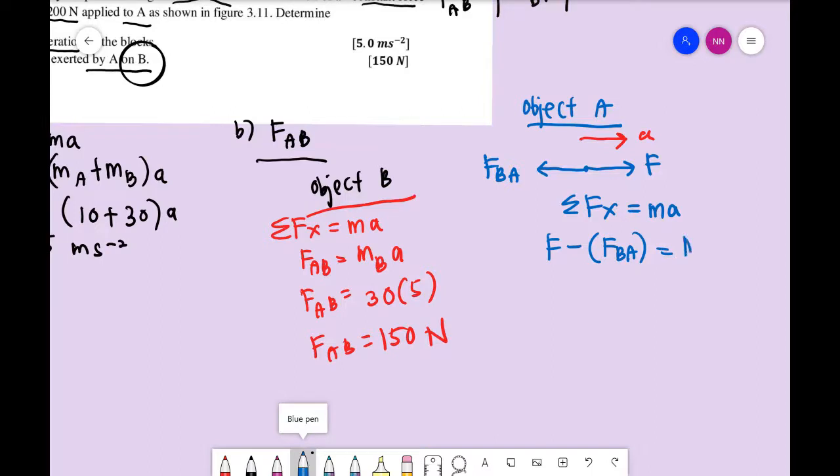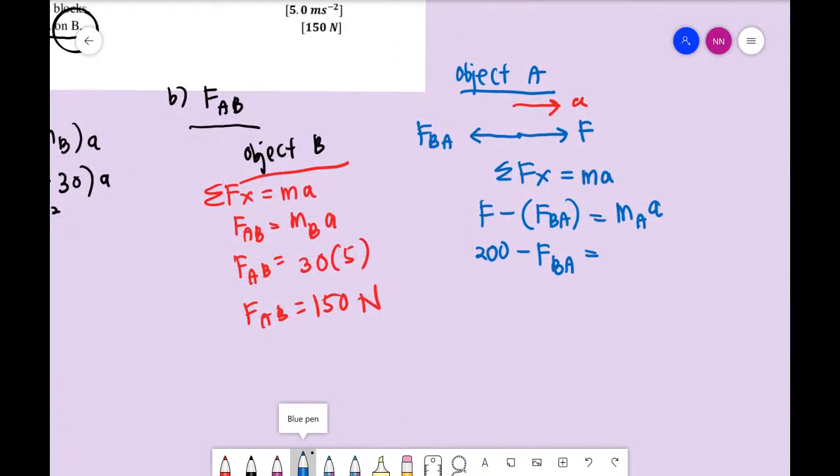This one is the mass of object A. So substitute F, where F is 200 Newton, and then force on A by B is unknown, and mass A is 10 kilogram, and the acceleration is 5.